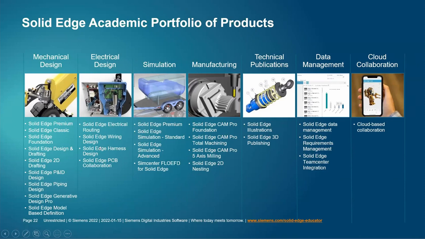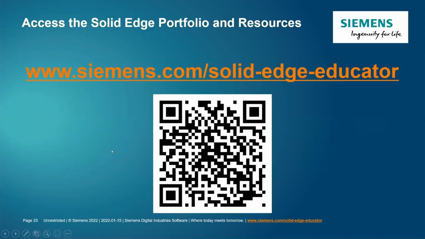And there's a video that shows exactly how to do that. It's one of the very first things someone would want to learn about Solid Edge wiring design. And it just seems like it might be a good fit for folks working on this solar car program here. And then finally, this is the slide that Mohammed showed earlier, right? We encourage you to access the Solid Edge portfolio and those available resources.